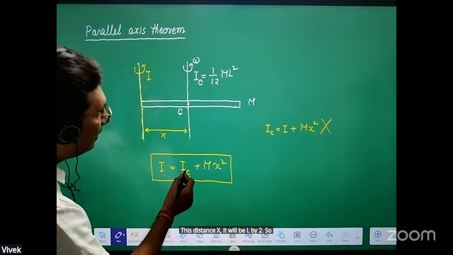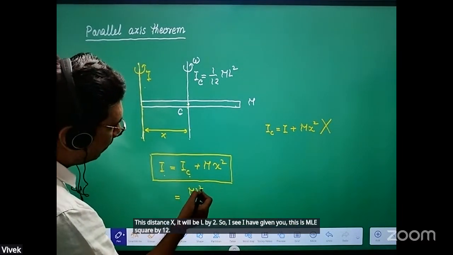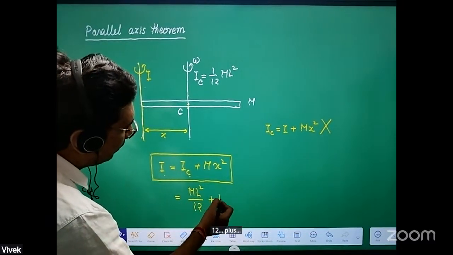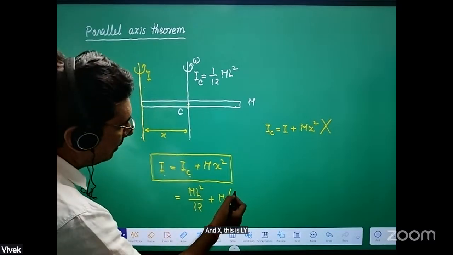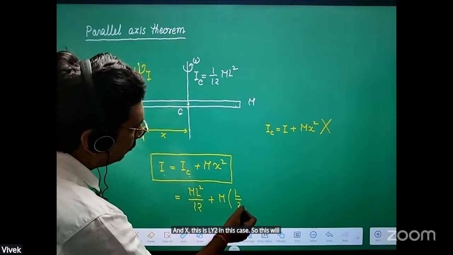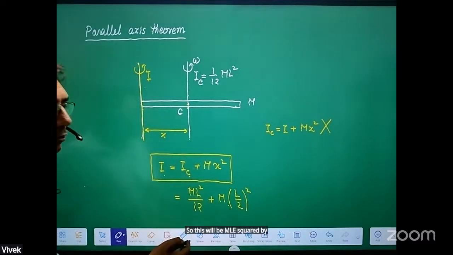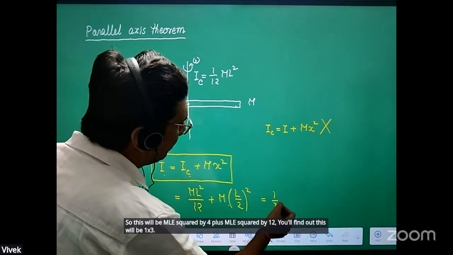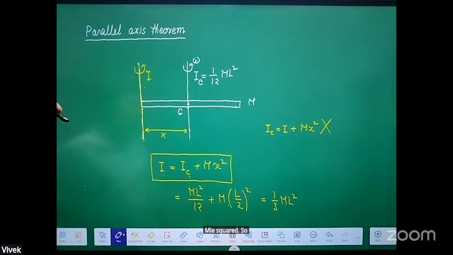So IC, I have given you, is ml square by 12, plus mass of the rod m, and X is L/2 in this case. So this will be L/2 square. So this will be ml square by 4 plus ml square by 12. You will find this will be 1/3 ml square. So about this axis, I will be 1/3 ml square.